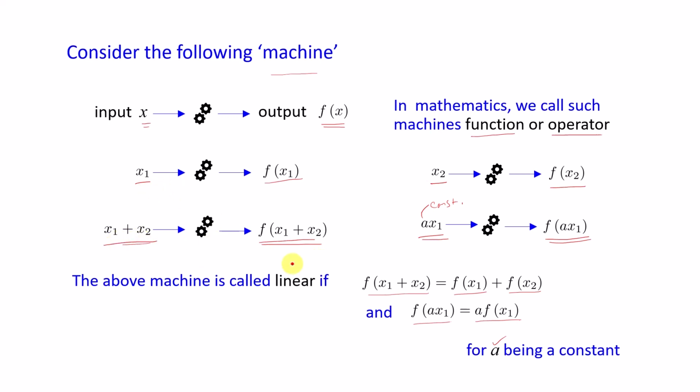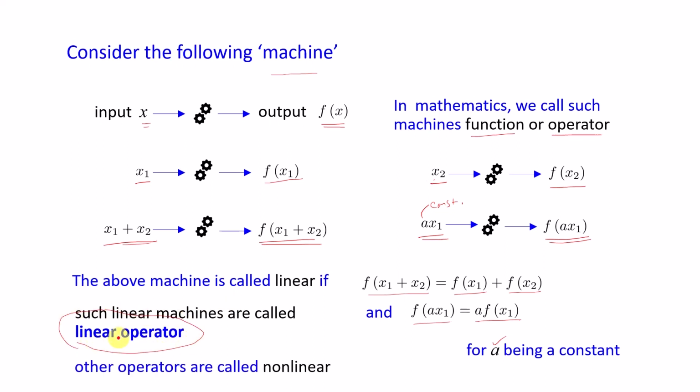It is not obvious and we have to check it. All machines are not linear. This kind of machine in mathematics we call a linear operator. The operators which are not linear are non-linear. If a machine violates this principle, it will be non-linear.